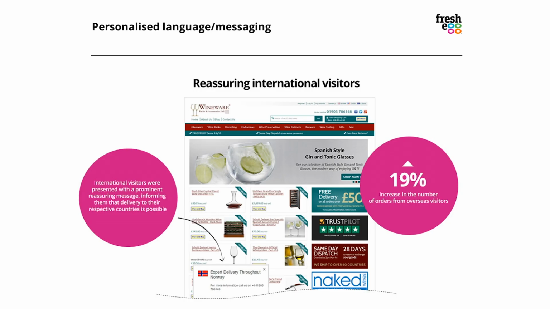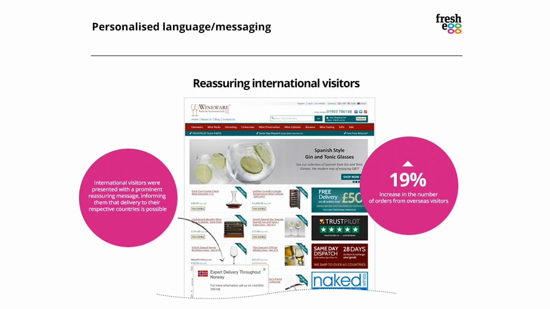Another example of rule-based personalization, again on Wineware, was a mechanism for showing messaging to international visitors that was personalized based on their geolocation, to help them understand that delivery was available to their country and to give them some information about that delivery. This was found out after doing some research, and we'll get onto the research section in a second.